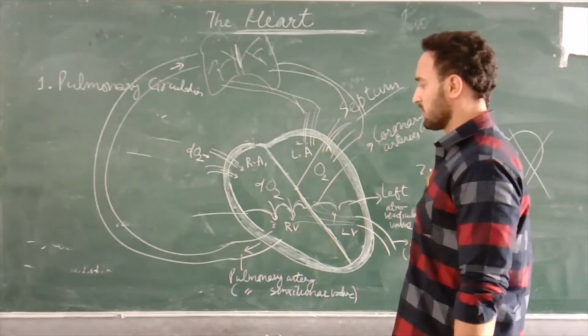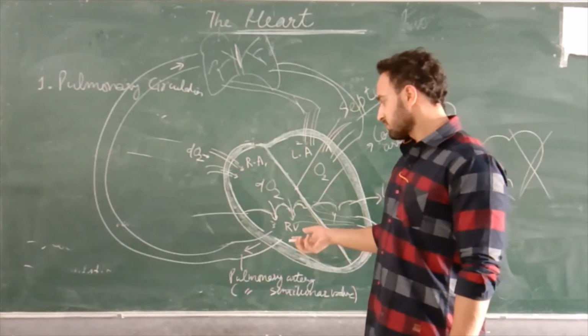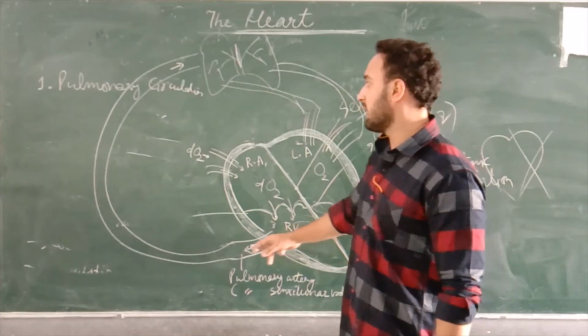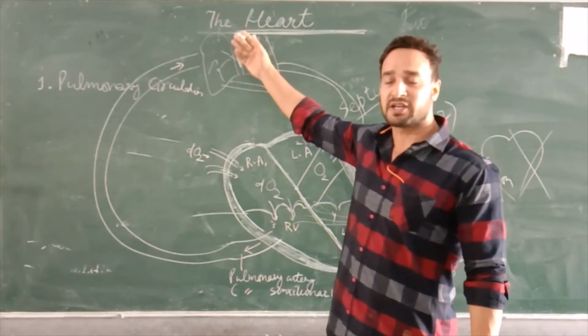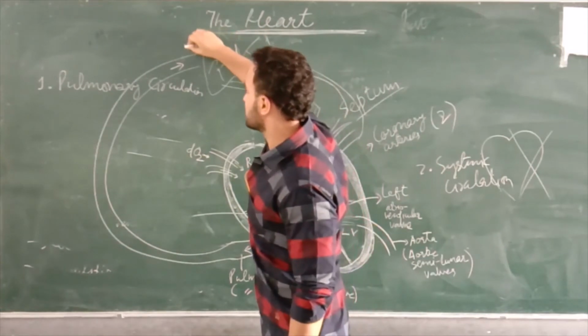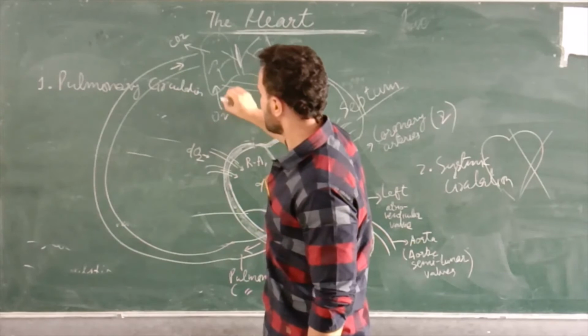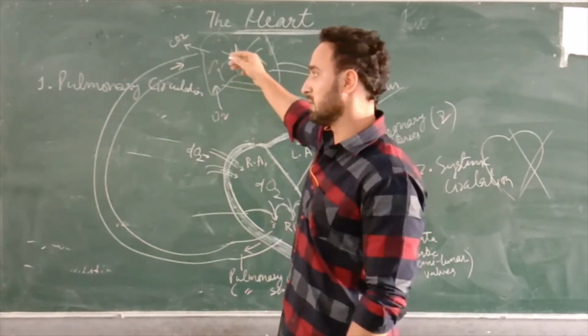One, two, three, four. Let me repeat. When the right ventricle contracted, the deoxygenated blood was pushed through the pulmonary artery and it goes to the lungs. And in the lungs, the gaseous exchange happens. The carbon dioxide is released back to the atmosphere, and oxygen from the atmosphere gets mixed again with the blood.